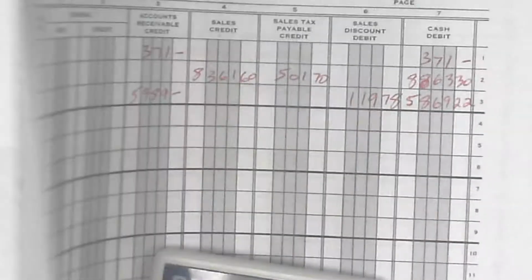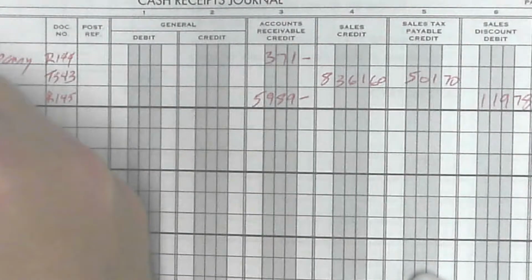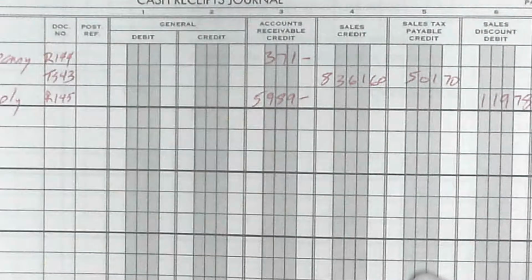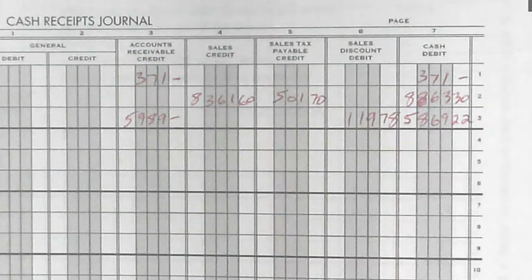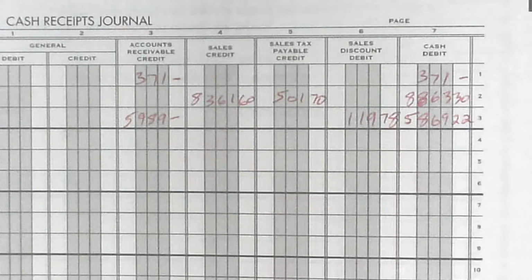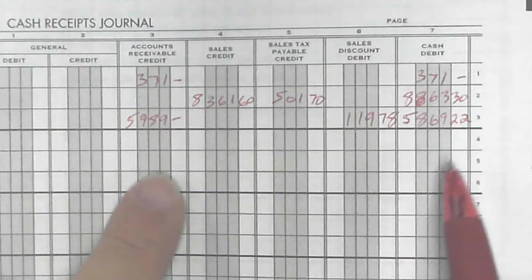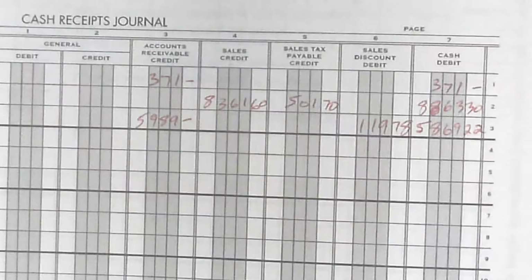That one was page 282. So there's what we've got for our 3 transactions.